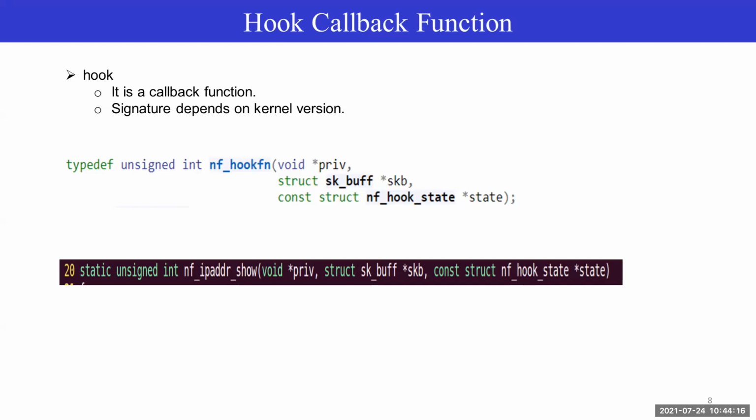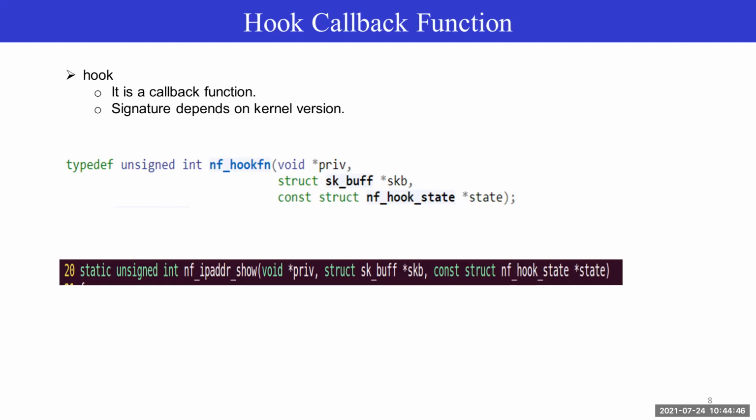The packet which is coming in this hook function is the skb, and as I have said, if you are specifying any private data structure in the hook point in the previous slide, then that will be supplied as well. Again, the example shown is nf_ip_address_show, so the signature is something like that.